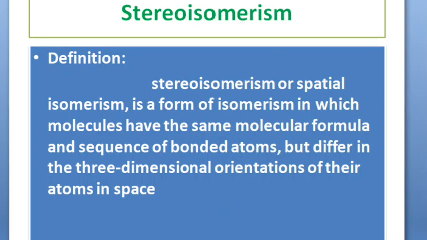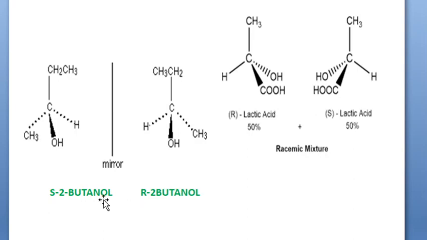In this case, these two are stereoisomers, S-2-butanol and R-2-butanol. Connectivity around this carbon is the same: ethyl and ethyl, methyl and methyl, OH and H, but the spatial arrangement of atoms differs. Here the order is hydrogen, ethyl, CH3, OH; here the order is CH3, ethyl, hydrogen, OH.